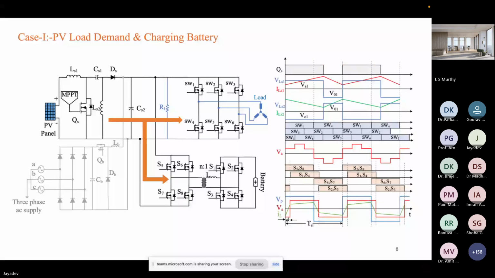Actually, I have a question here. Why have you used a bipolar DC link? Mostly we have seen that a monopolar DC link is used. Can you explain, please? Not bipolar actually.